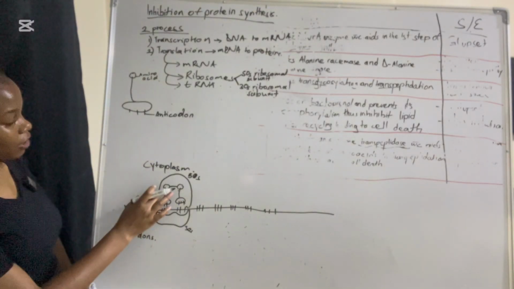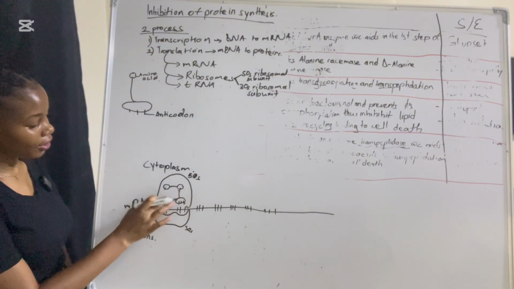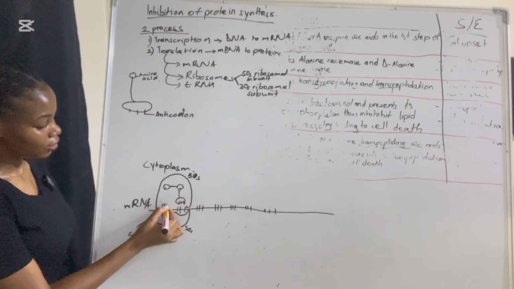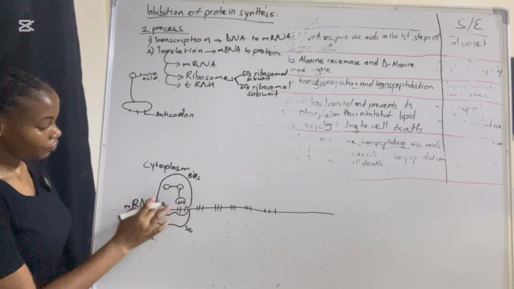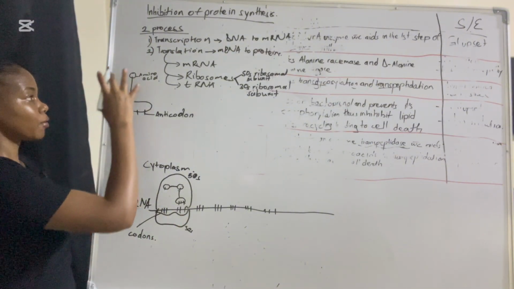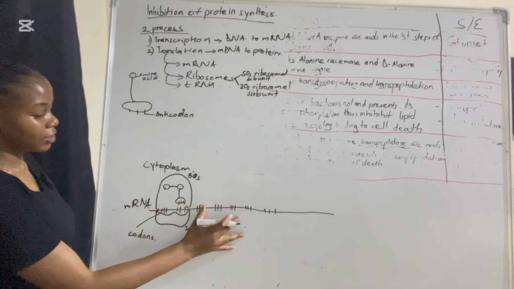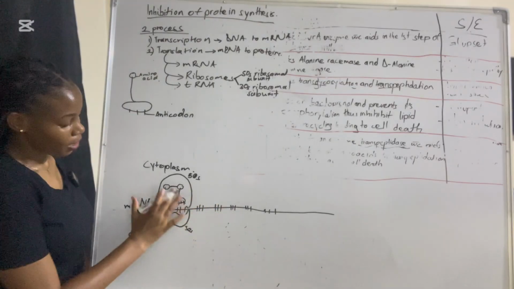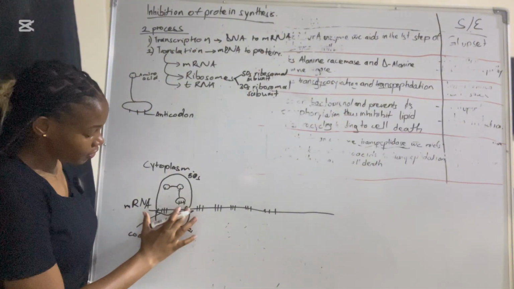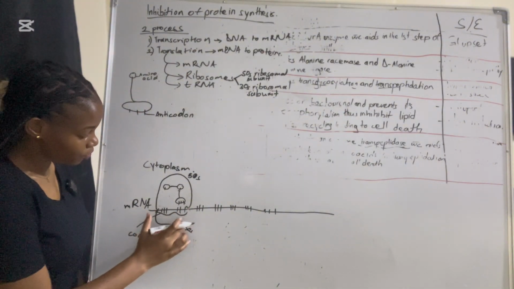Once that peptide bond has been formed, the transfer RNA is going to go back into the cytoplasm, where it's going to pick up other amino acids and bring them onto the messenger RNA.